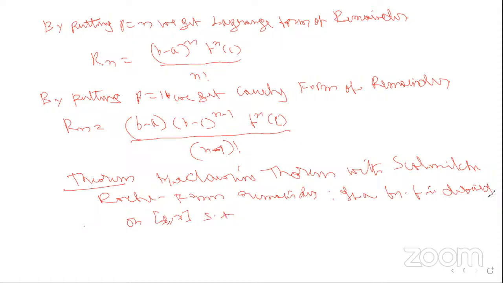first, f to the n minus 1 is continuous in the closed interval; second, f to the n minus 1 is derivable on the open interval (0, x); and p is a positive integer.